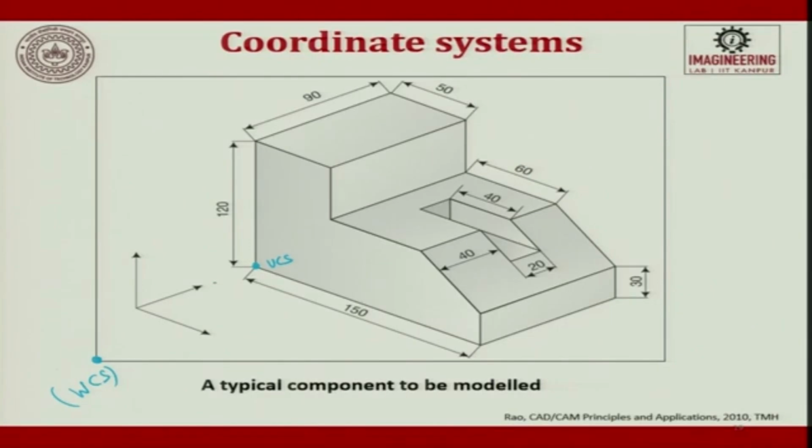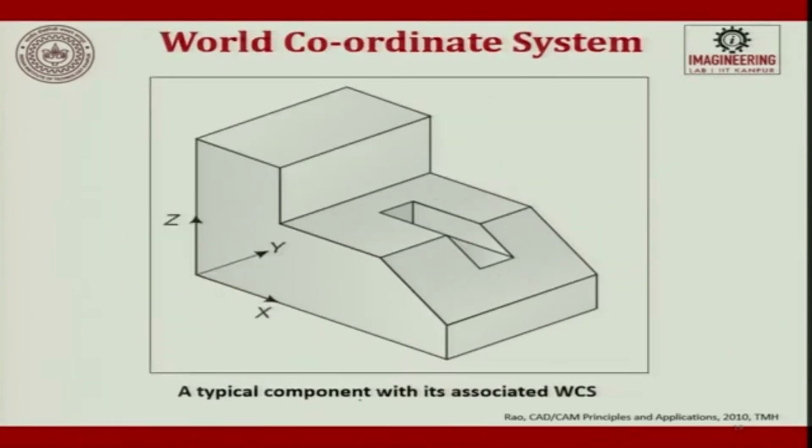You can see x and y, this is y, this is z. This is how you draw. So, the world coordinate system, the user coordinate system, and then you have one more, which is called the display coordinate system. A typical component associated with the world coordinate system, you see here I have transformed this into this.